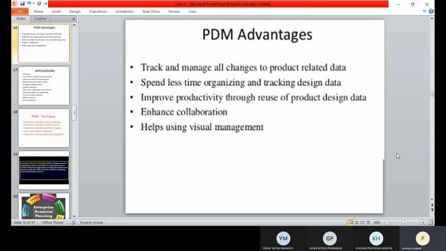Correct. As I told you, if I want to develop some changes, I will have to take a backup also of the previously developed or existing product. And enhance collaboration, that is also important, and help using visual management. So these are the basic advantages of PDM. And as I told you, there are two ways. In our olden days, olden means almost 10 years back, we were just using the computer and feeding the data in Excel, and on the basis of that we were giving the indication.